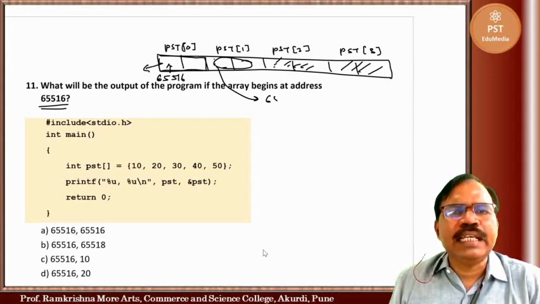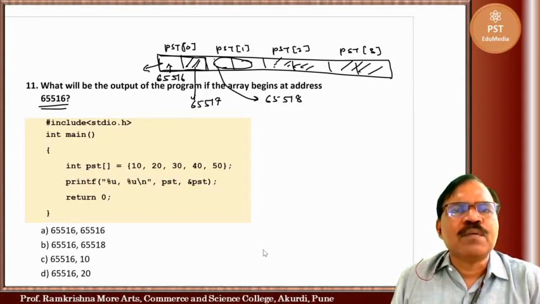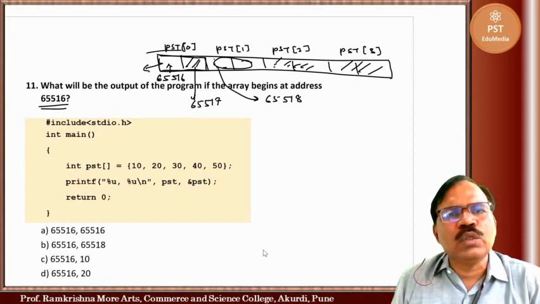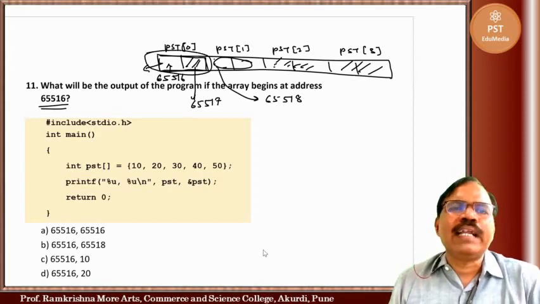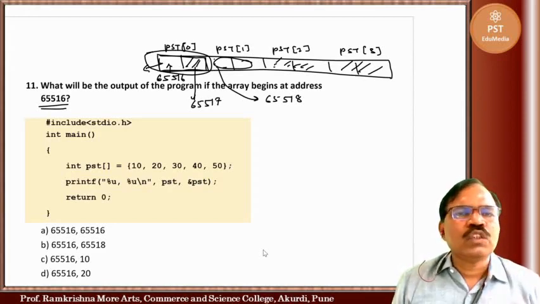What is the address of PST[1]? It is 65518, because this is 65517, but PST[0] will use both. So address is taken as the first address of the first one. So what happens here?